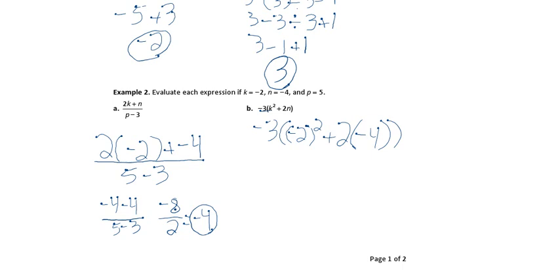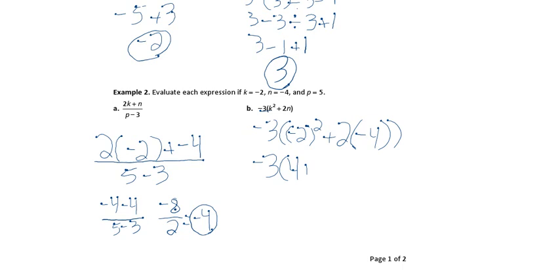So I work inside my grouping, so I'd work inside this big set of parentheses. Inside there, my first step would be any powers I have. I actually have a squared, so I have to do that first. Well, -2 squared is going to get me a +4, because any number times itself will always end up being positive when it's squared.